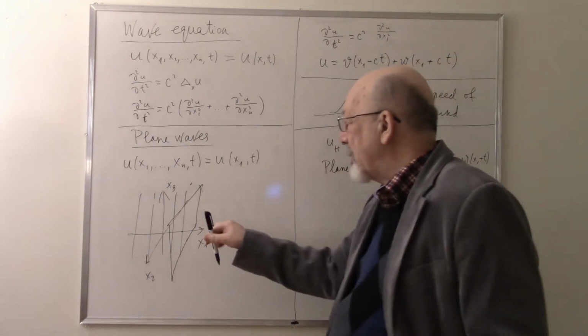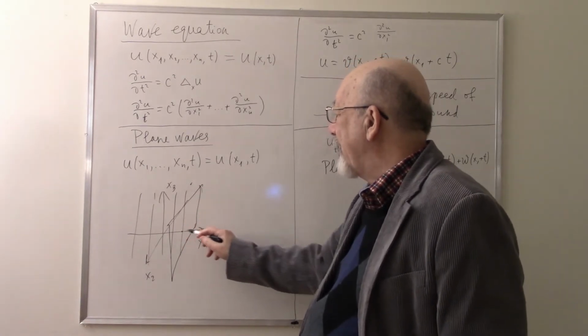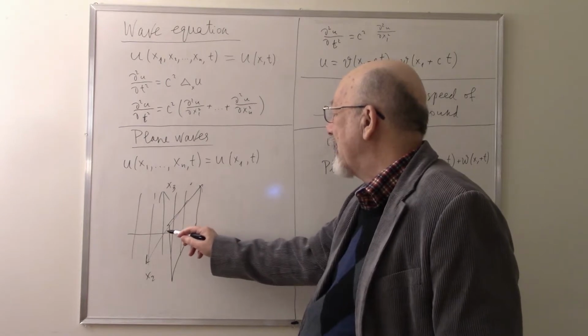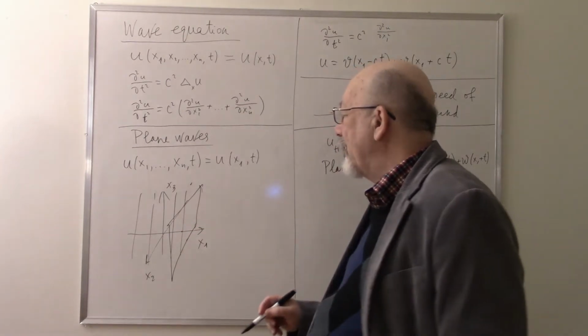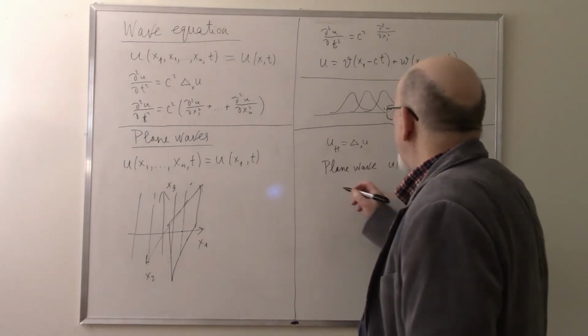Now we can turn our coordinate system, and instead of x1 we can have different axes. What is important, we can write this solution in the following form.